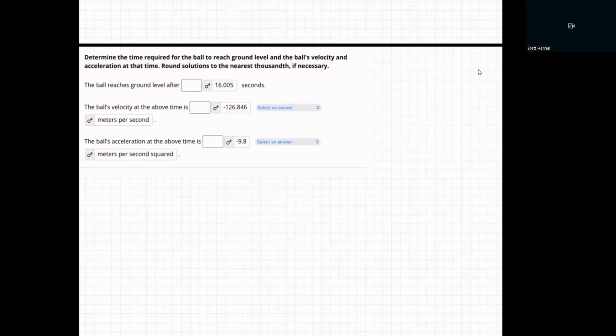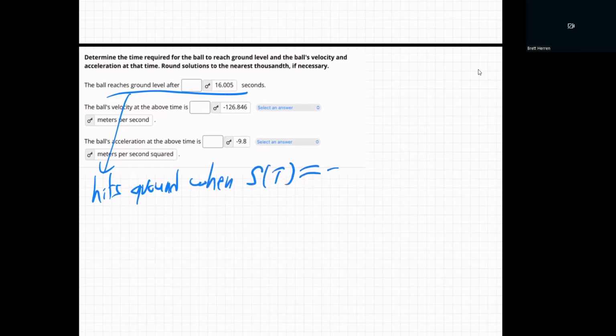Well. That's not a nice question. Coming on down. It hits the ground when the S of t is zero, when the height is zero, right?